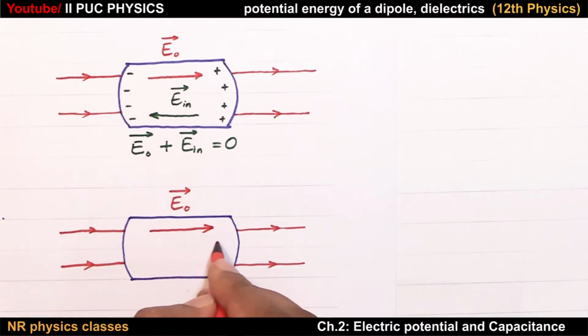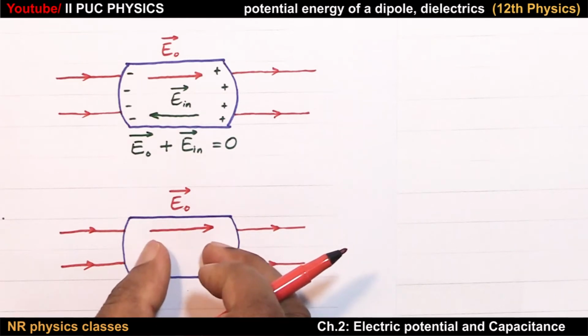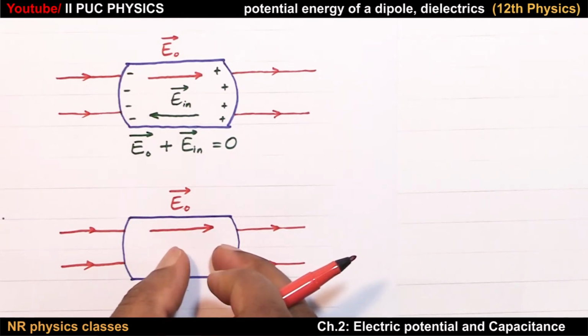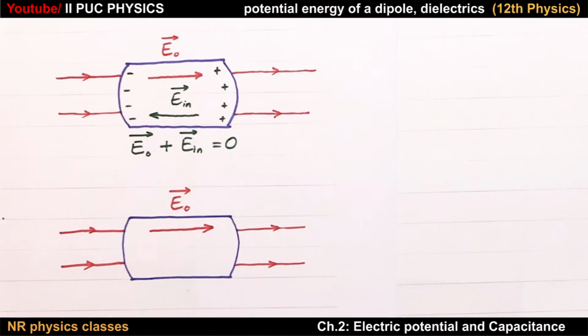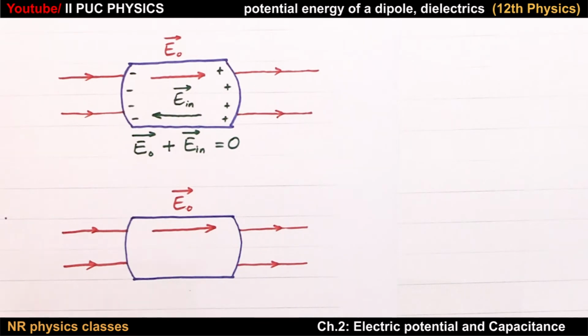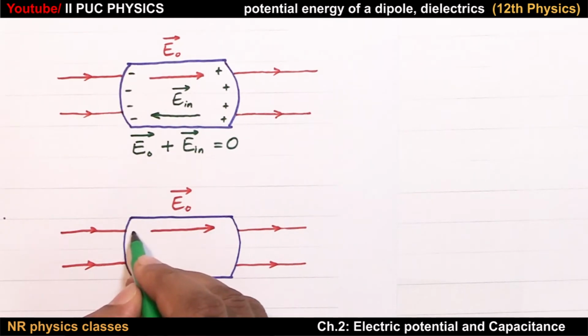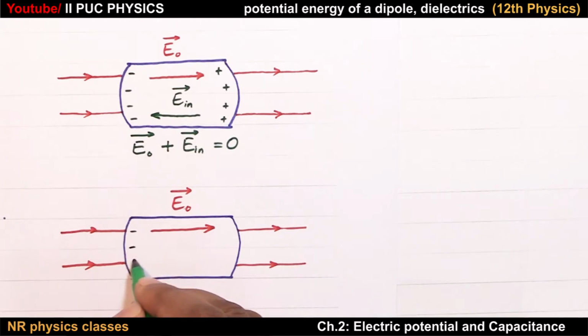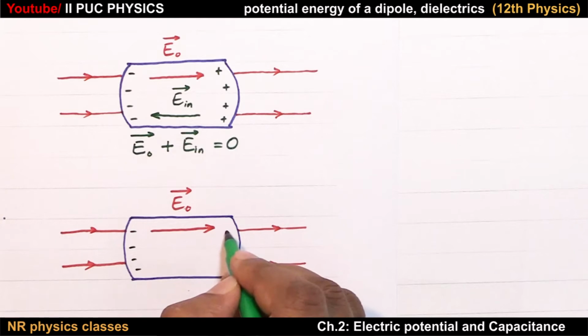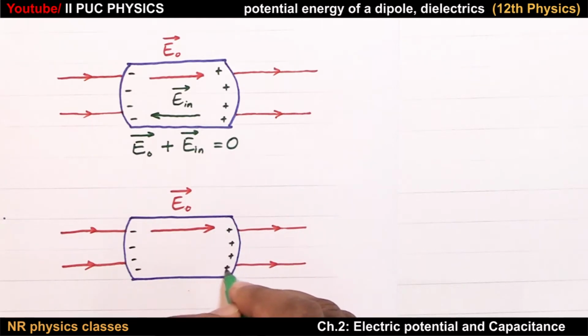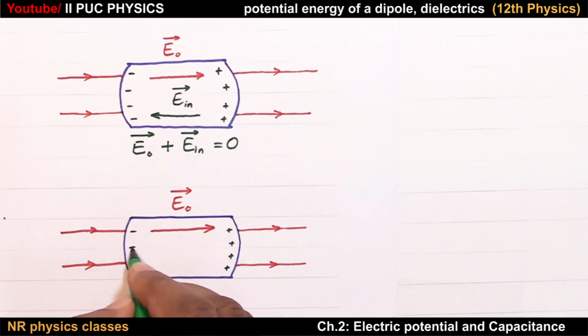Every atom, every molecule in this material is polarized. Because of that, some charge is found on this side. Equal and opposite charge can be found on the other side. So let this be sigma minus.